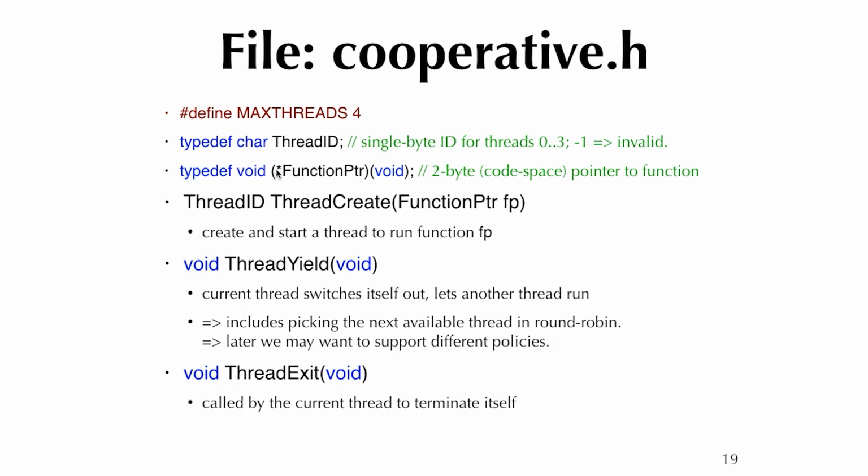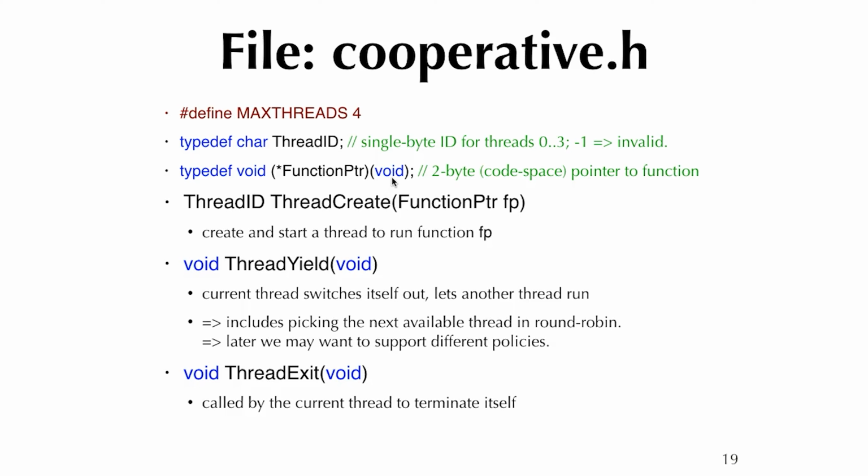Basically, parentheses, star, and then the name of the type, followed by the argument type list, okay? So this void is really the return type of this function pointer, and this void here is the parameter type, or the type signature, okay?